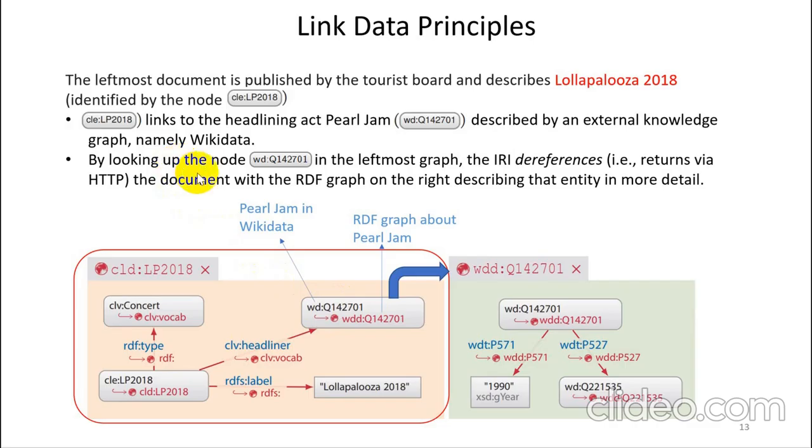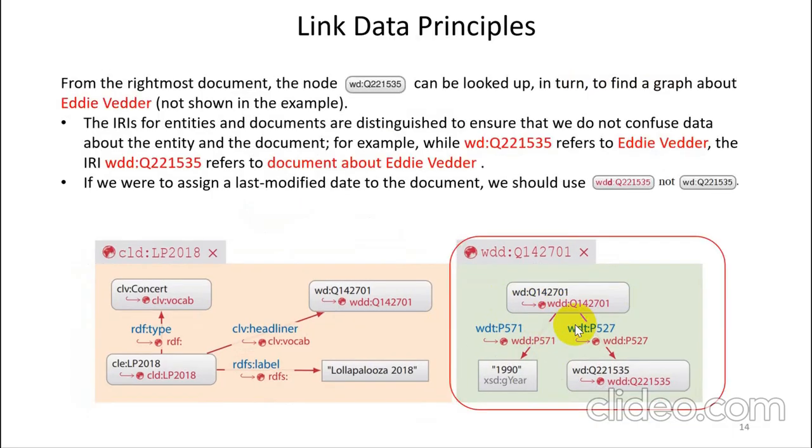By looking up the node like this one in the leftmost graph, the IRI is dereferenced and returned via HTTP. The document with the RDF graph on the right describes the entity in more detail. From the rightmost document, this node can be looked up in turn to find a graph about Eddie Vedder.